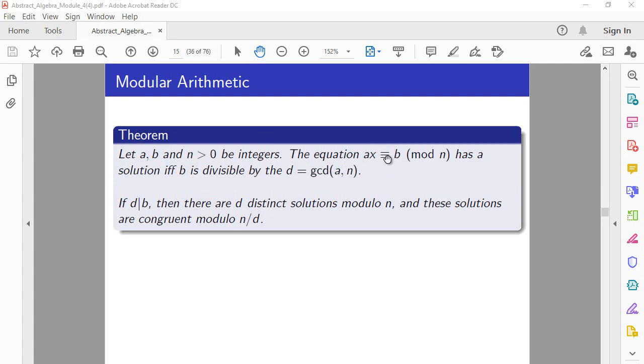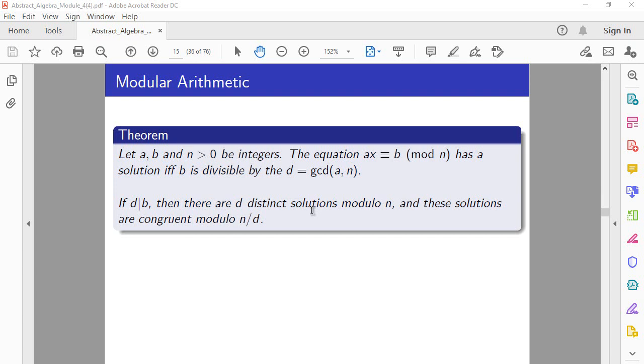The linear congruence ax congruent to b mod n has a solution if and only if b is divisible by the GCD d of a and n. Moreover, if the GCD d of a and n divides b, then there are d distinct solutions modulo n, and the solutions are congruent modulo n over d.